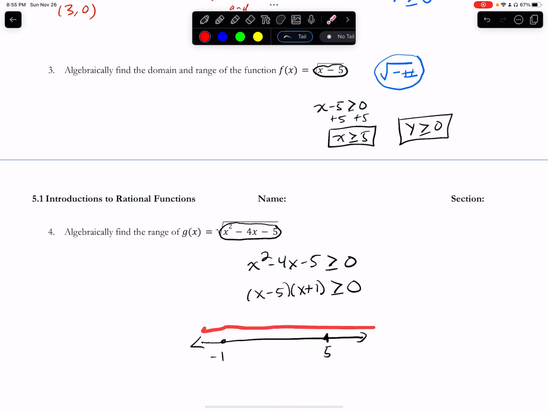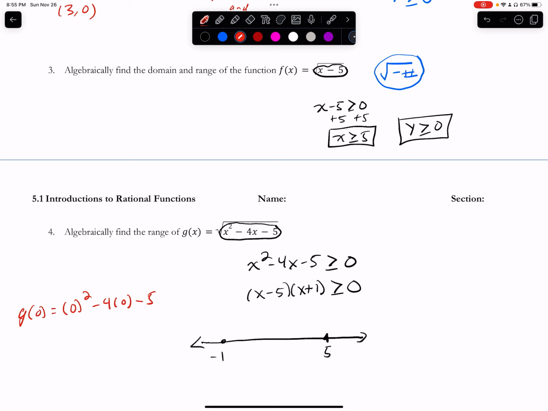The best thing to do is choose the easiest number to substitute in, which is 0. If I substitute in 0 into this equation, I'm going to get 0 squared minus 4 times 0 minus 5. So g of 0 is equal to -5.